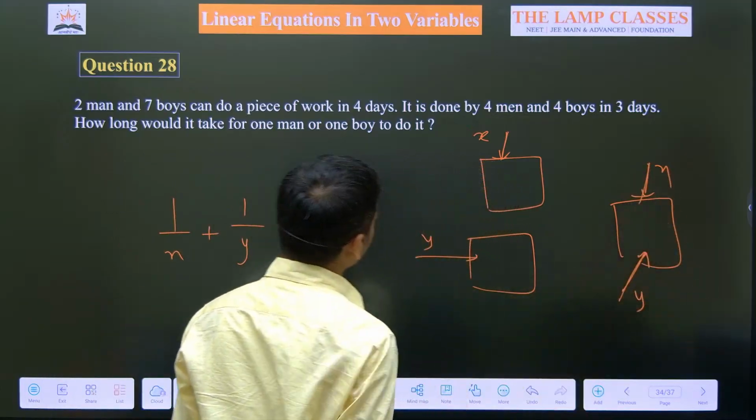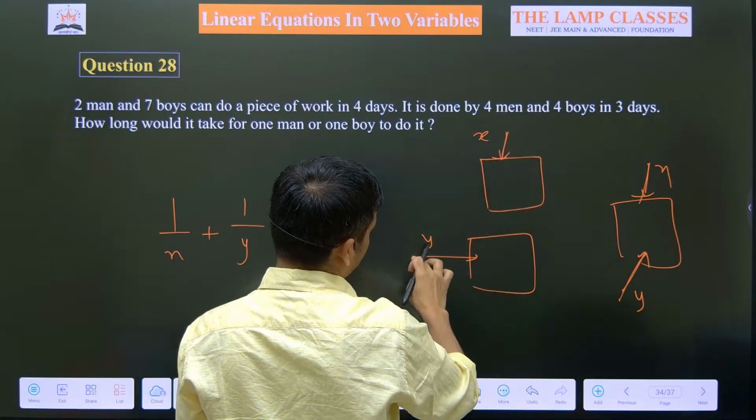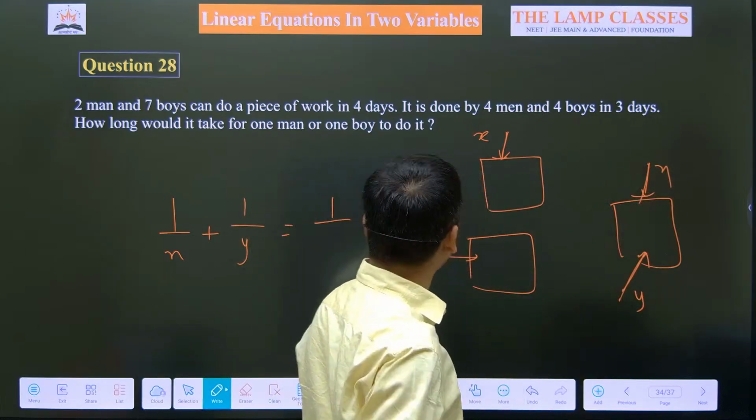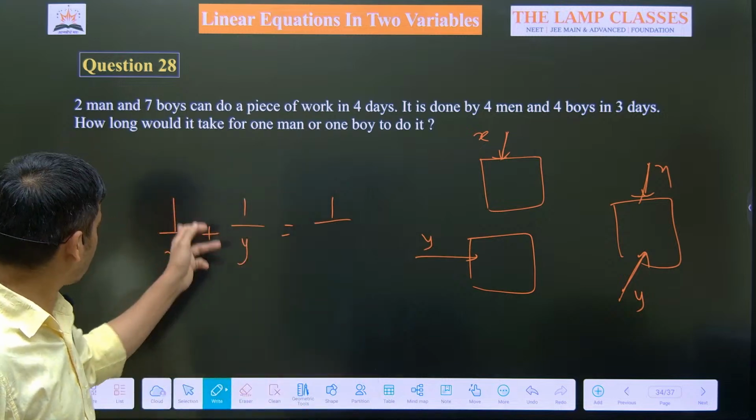If he is doing in 2 days and he is doing in 3 days, then together they can complete it in 1 upon x plus 1 upon y.